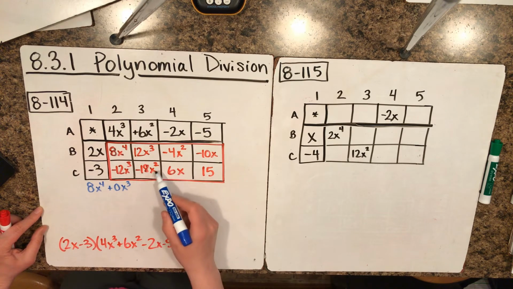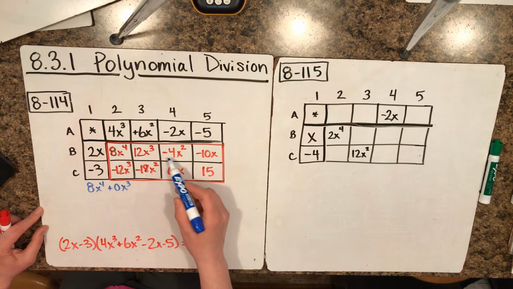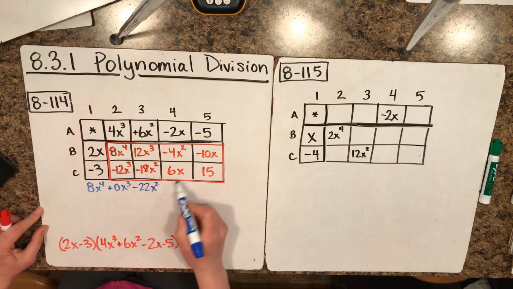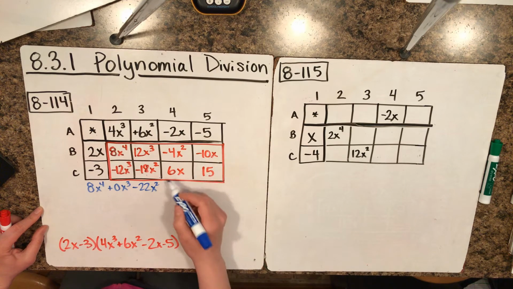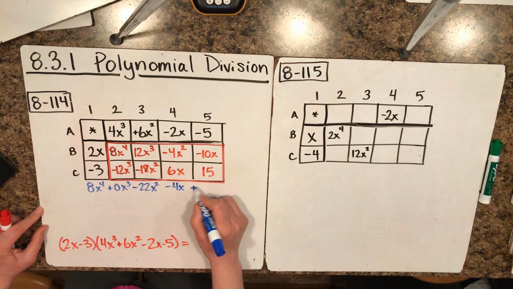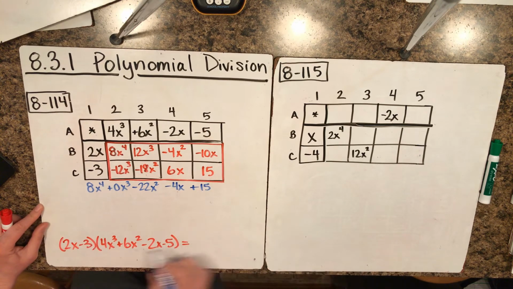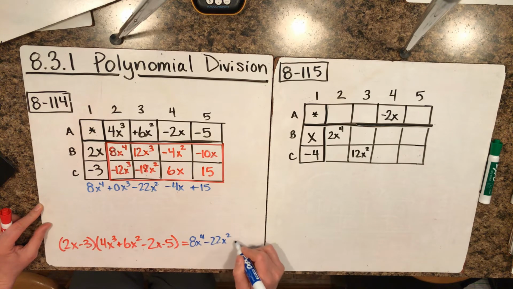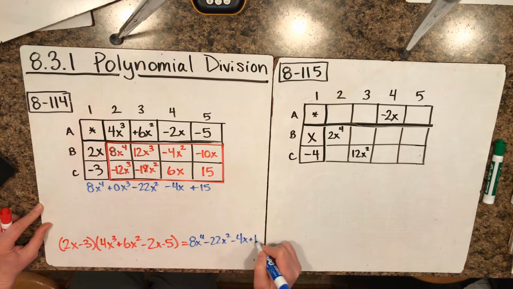Then the like terms of x squared, negative 18 minus 4 is negative 22x squared. And then 6 plus negative 10 is negative 4x. And there's no like terms with 15, so I'm just going to put plus 15. So the sum is 8x to the fourth minus 22x squared minus 4x plus 15.